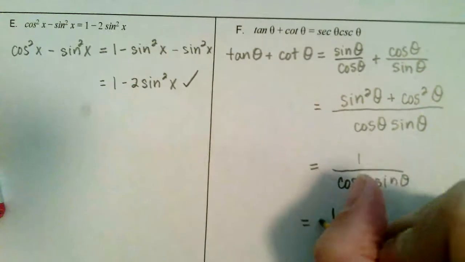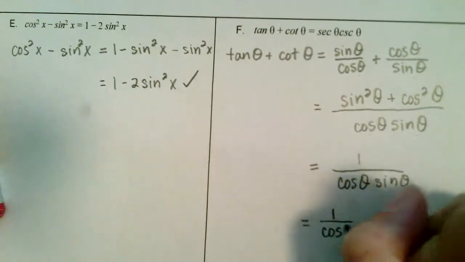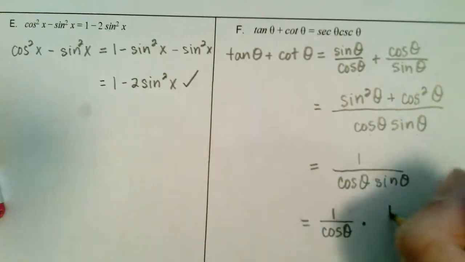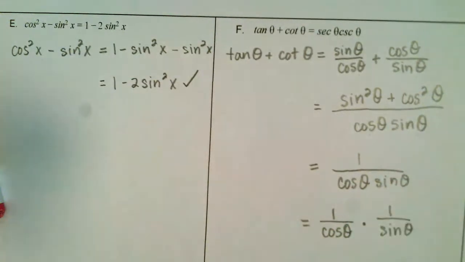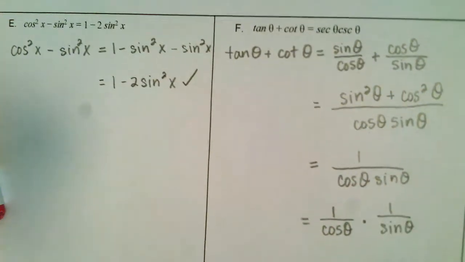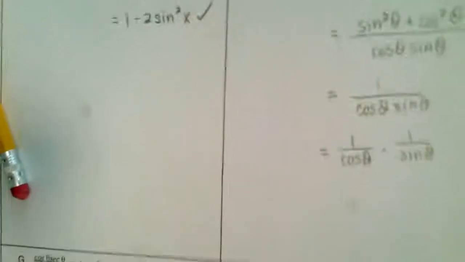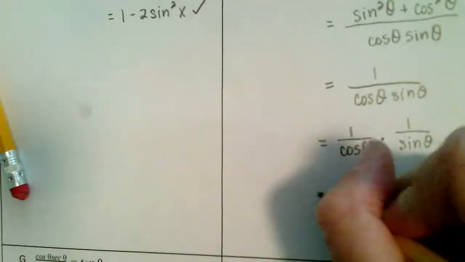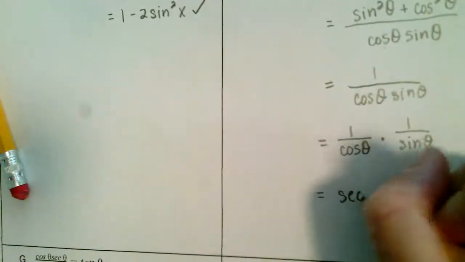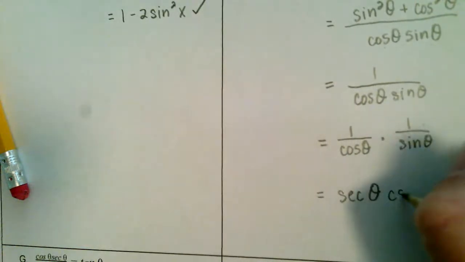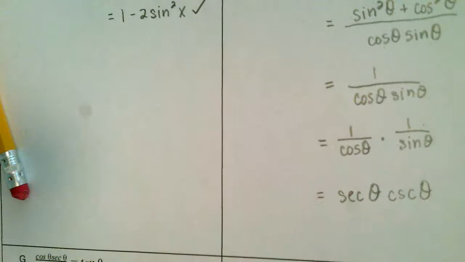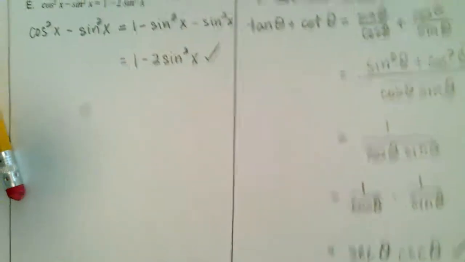And I see that I can rewrite this as 1 over cosine theta times 1 over sine theta. That's still equivalent. And then I see that 1 over cosine theta is equal to secant theta, and 1 over sine theta is equal to cosecant theta. Okay, so now I am where I want to be. So I have proved my identity.